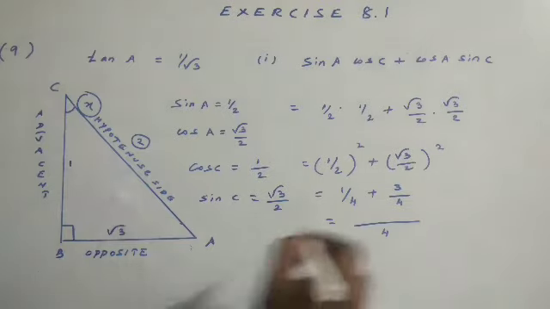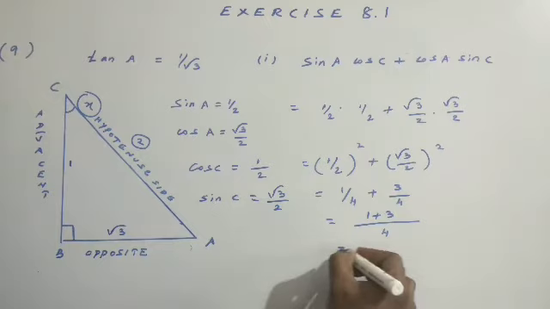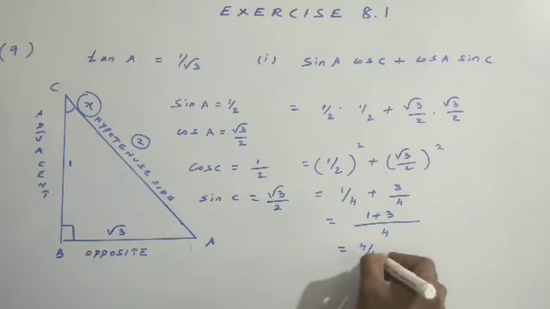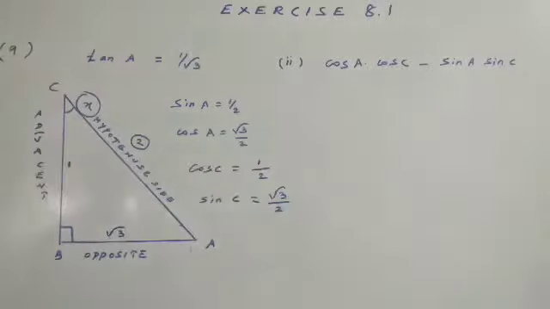In the numerator 1 plus 3, that is 4, 4 by 4, that is 1. So for the first one, sin A into cos C plus cos A into sin C, we have the value 1.